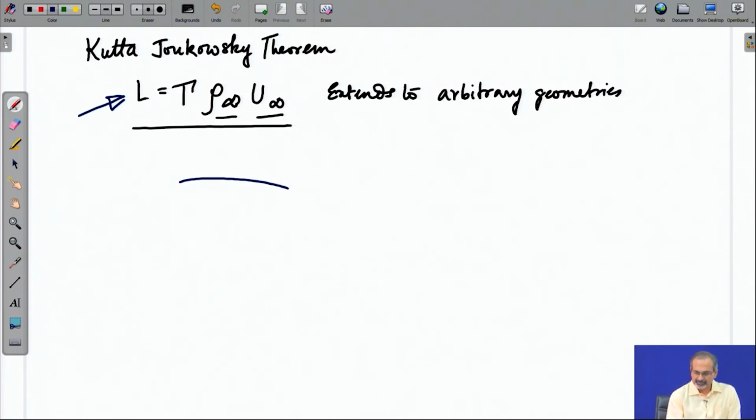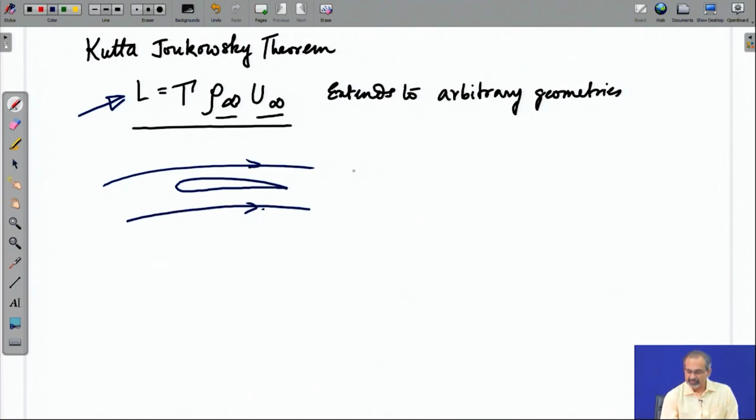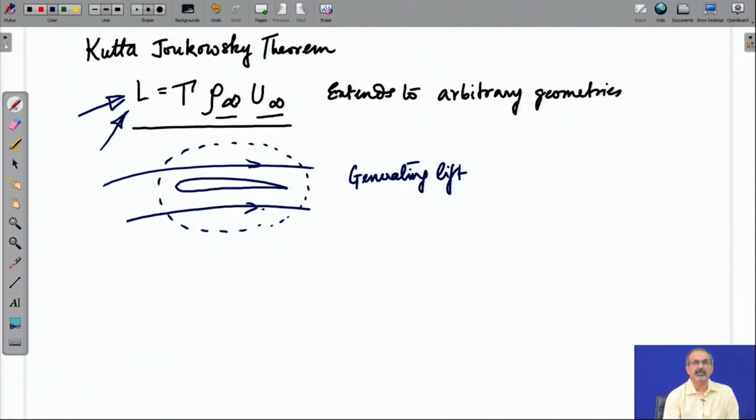So, let us say we look at flow past an airfoil, and the airfoil is generating lift. In that case the same expression would work for the airfoil. That basically means that if we take a closed curve around the airfoil enveloping it, and we compute the circulation around it, we will come out with a non-zero value of the circulation.